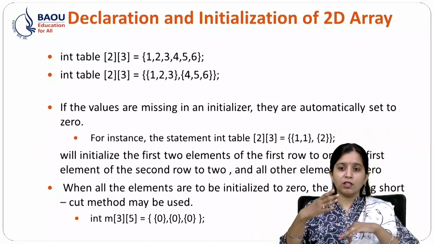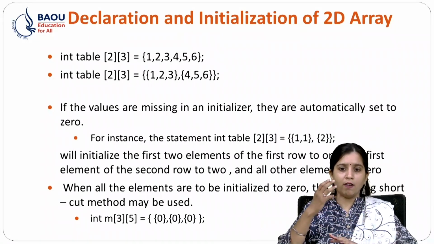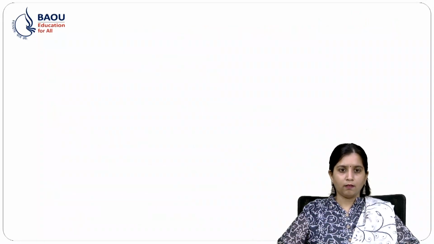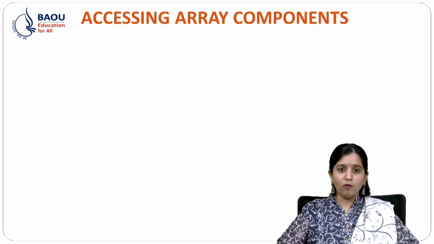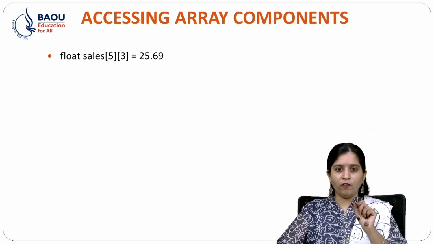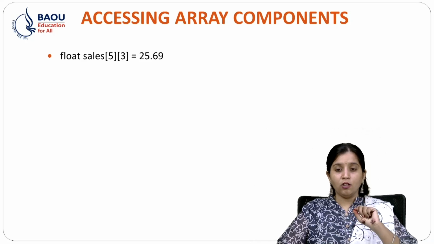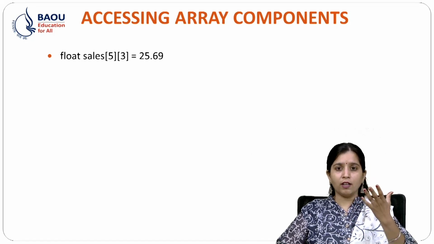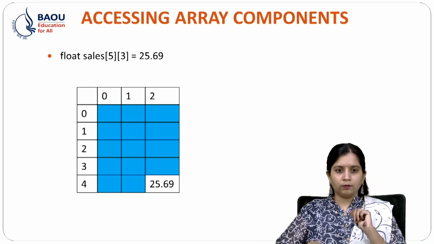Let's see how a two-dimensional array works in our compiler. First, let's see accessing array components. A float array with size 5 rows, the fifth row and third column holds 25.69. So how does this work in our compiler?